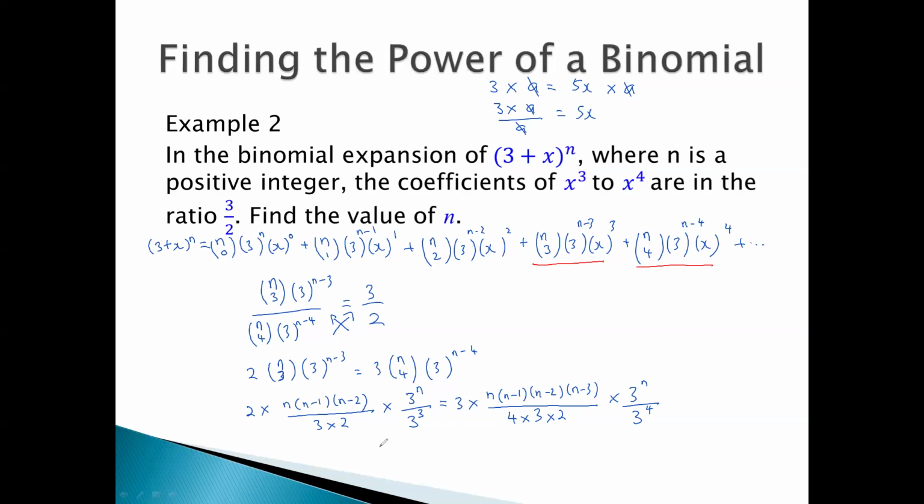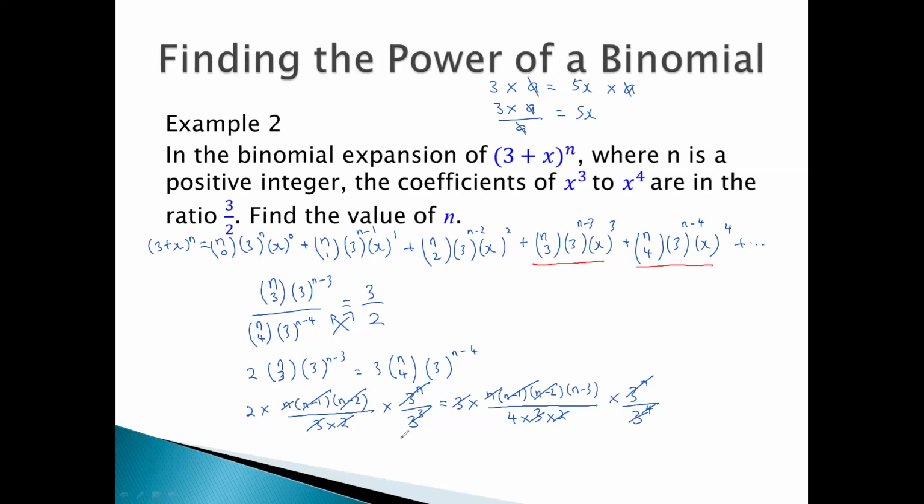So how is this going to help me? Firstly, I can cancel 3 to the power n and 3 to the power n. Look at my n minus 1, n minus 2, n minus 1, n minus 2. 2 and 3, 2 and 3. 3 to the power 3, 3 to the power 4, cancel. I'm left with a 3. 3 and 3, cancel, gone.